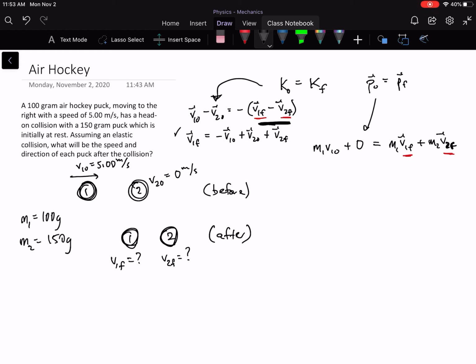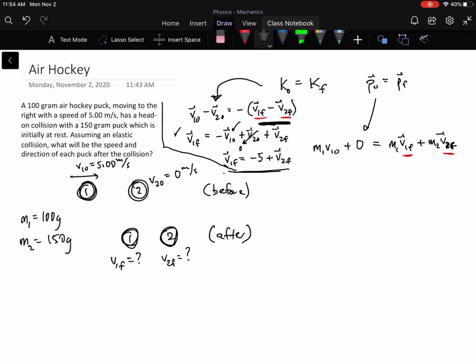And if we want to substitute in some numbers, just to make the substituting back and forth a little less cumbersome, remember that this term is just 0, and this term right here is positive 5, but there's a minus sign in our equation here. So we end up with v1 final equals negative 5 plus this. Pardon me while I put in some dividing lines here.